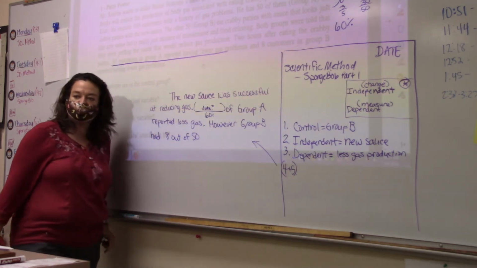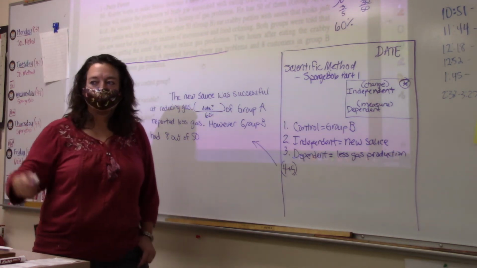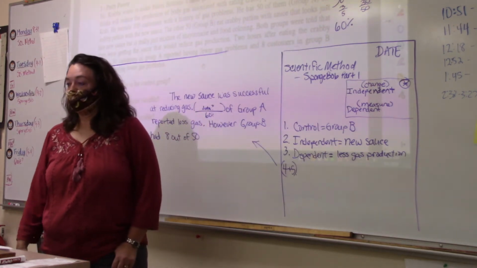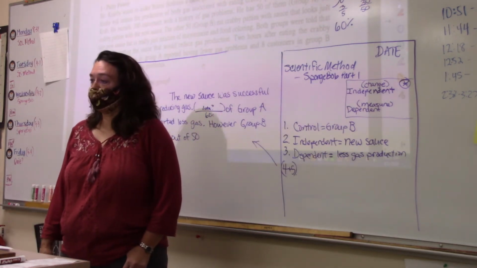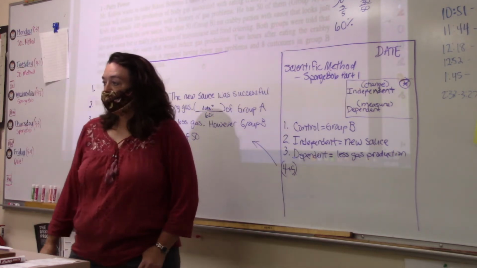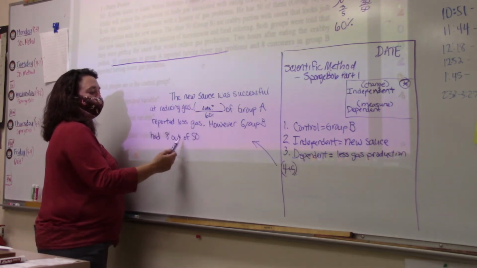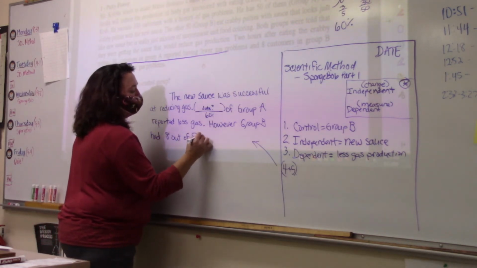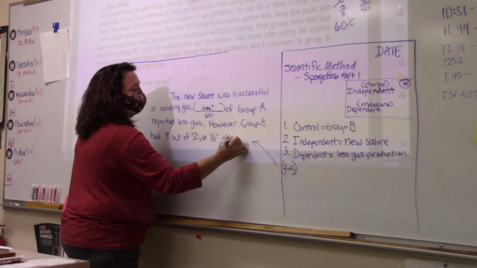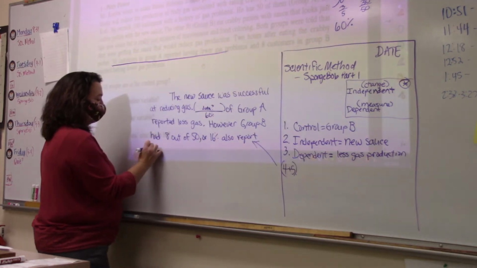What's that percentage? 16%. Can I say 16% if I don't like saying 8 out of 50? It's up to you. It's the same thing. Put it on paper. Do you have it, Kate? Get it written down. Okay. However, Group B had 8 out of 50, or 16%, also report less gas.